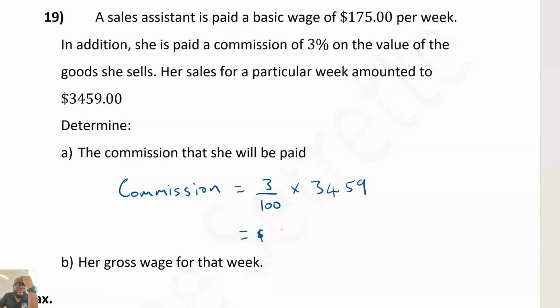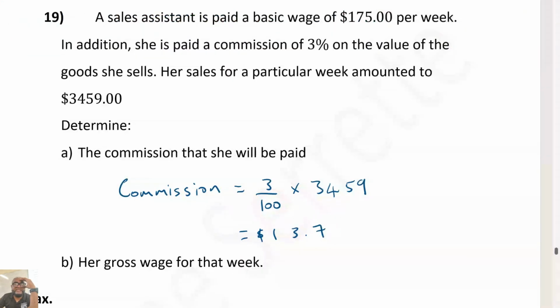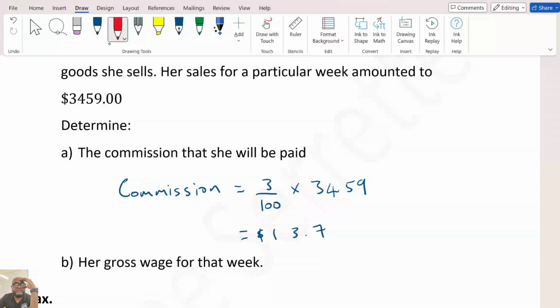What's the commission? 3 over 100 multiplied by 3,459. $103.77. Now, you see that a b/c button up there?